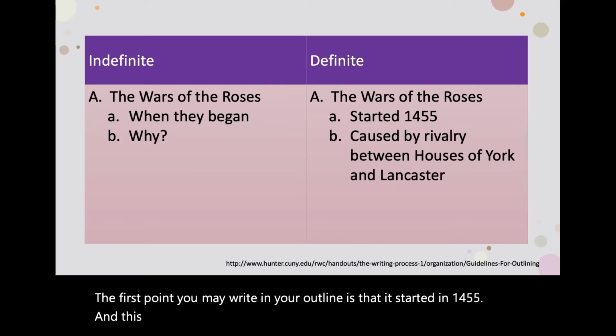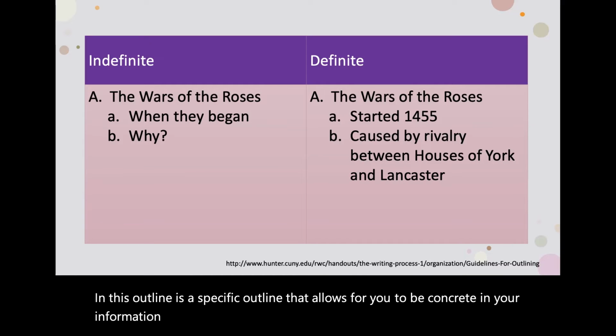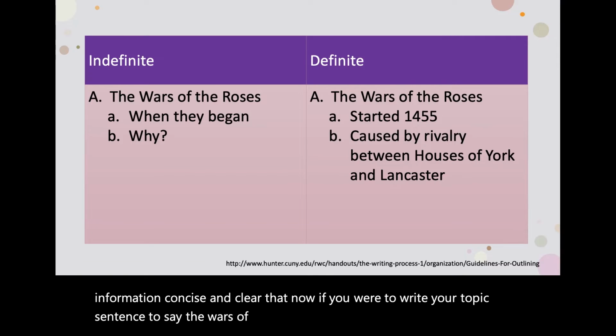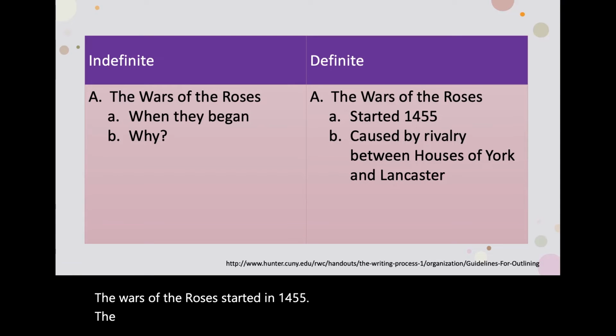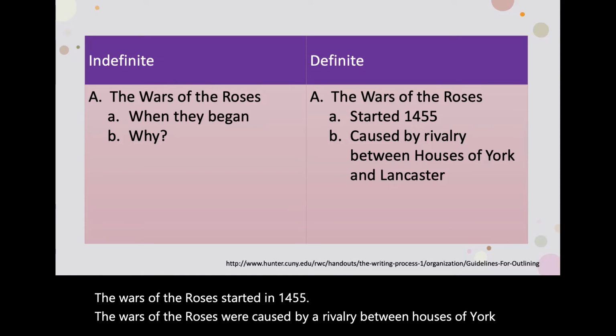Now, if you were to write your topic sentence to say, the Wars of the Roses have a historical context, period. The Wars of the Roses started in 1455, period. The Wars of the Roses were caused by a rivalry between the houses of York and Lancaster.